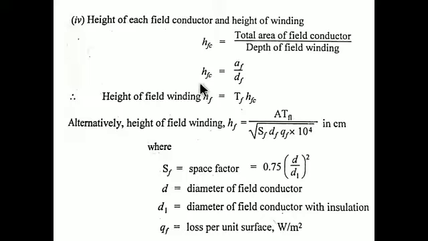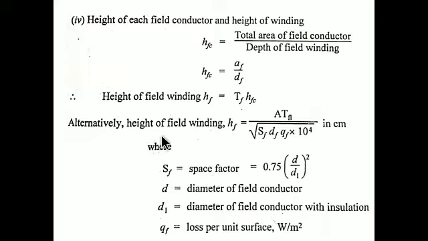This equation can be written as HFC equals AF divided by DF. The height of the field winding, HF, is TF into HFC. By using this equation we can find HFC, so substitute here and find the HF value.